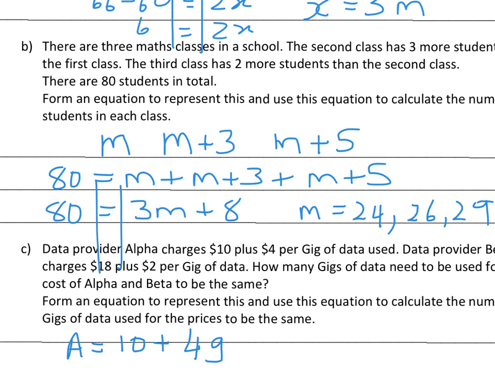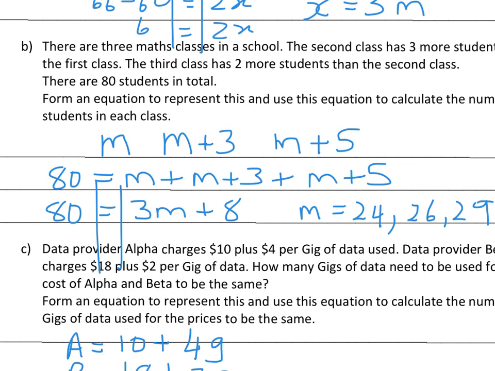So if you only have 1 gig of data, you're going to pay 4 times 1 plus 10. And Beta Group, they charge $18 plus $2 for every gig of data, so 2 times the amount of gigs of data. So if you only use 1 gig, you'll be charged $20.